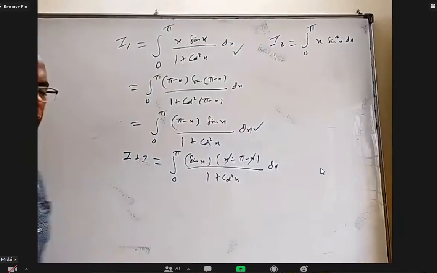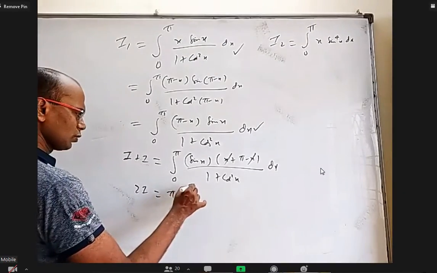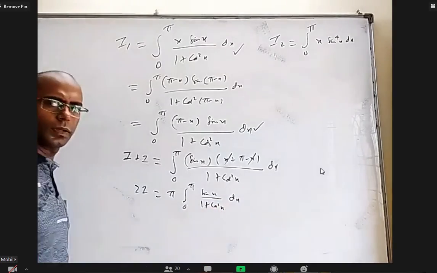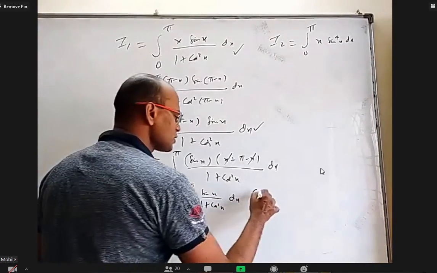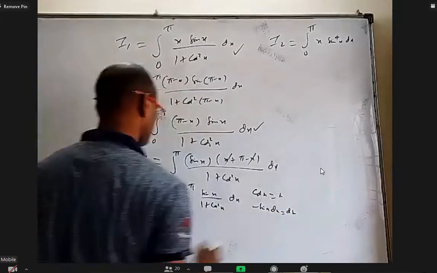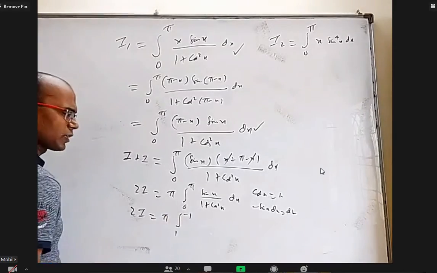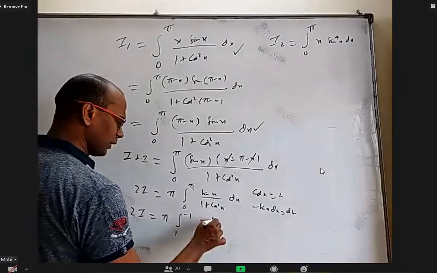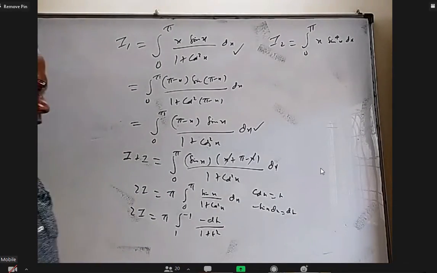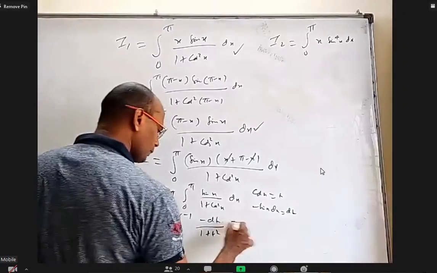This x and this x will cancel. We'll get 2I is equal to pi times integral 0 to pi of sin x by (1 plus cos square x) dx. In this, I can take cos x as t. Then minus sin x dx will be dt. So that is pi into, this is 1, this is minus 1, sin x dx will be minus dt, this will be 1 plus t square. I can use this minus for interchanging limits or directly find the integral, not a problem.